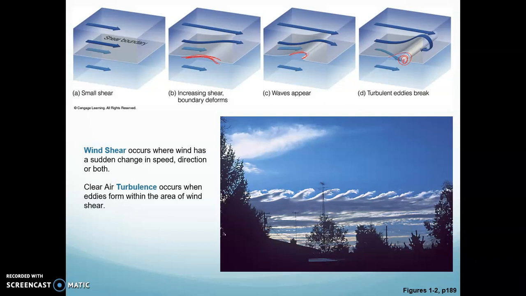Turbulence occurs when eddies form within the area of wind shear. So when you talk about flying on an airplane and you hit turbulence, what we mean is that we are passing a boundary between two layers of different wind speeds, different directions, or both, which causes eddies to form in between those layers, and those eddies cause turbulence.